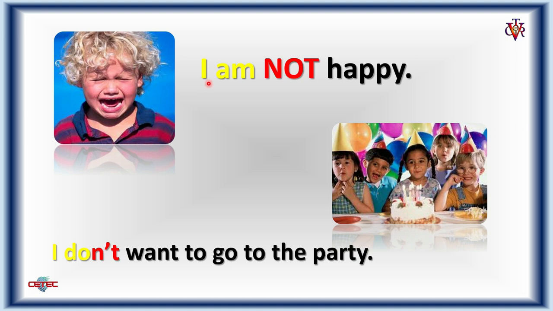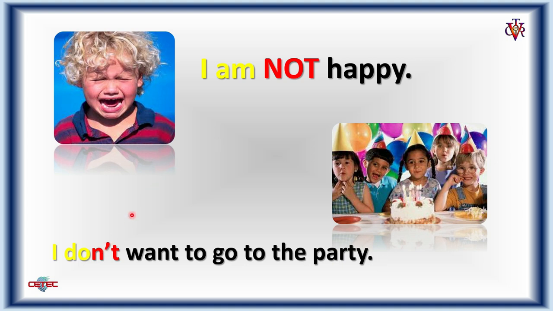I is the subject, verb to be am, negative form not, complement happy. I am not happy. Now we have to use the negative form with a verb. I, subject, do not or don't. The verb in simple present, want. I don't want to go to the party.